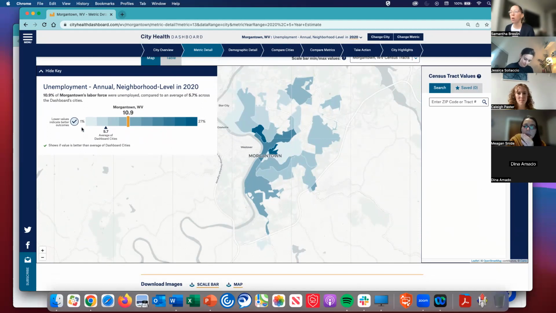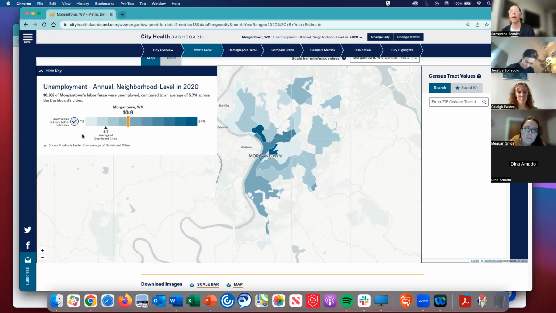And this blue check mark tells you the direction of those better outcomes. So for a metric like unemployment, you want less of your residents experiencing unemployment. So those lighter colors and that blue check mark will be on this lower side of the scale.